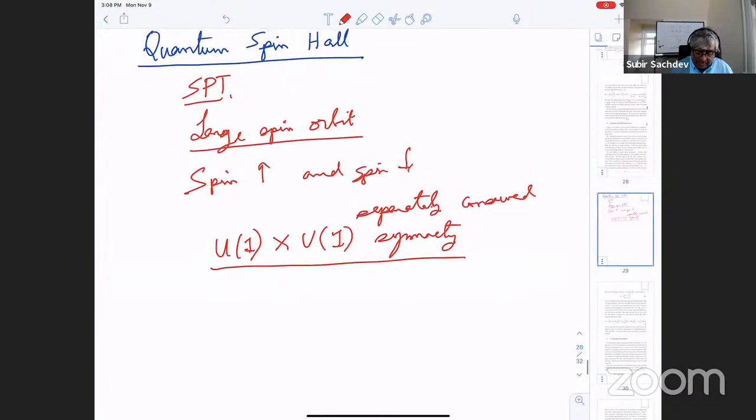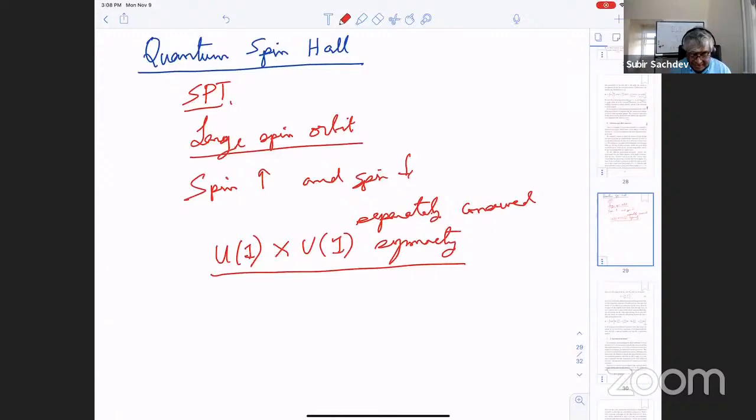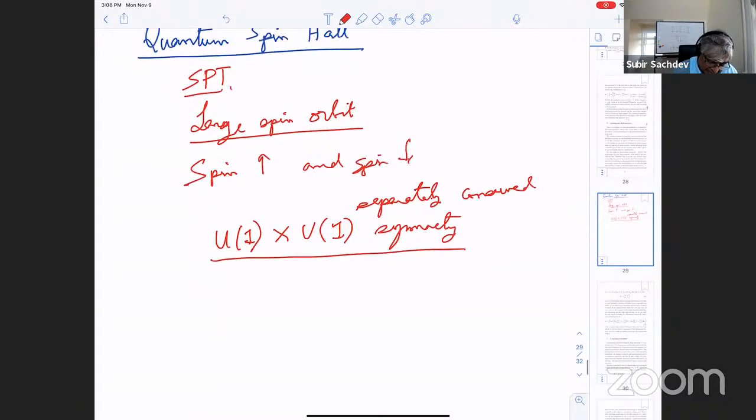Okay, so now imagine that somehow by luck or by design, you manage to have the spin up electron moving in a band structure which has a non-zero Chern number. I think in one of your sections you learned about the Haldane model, a Hamiltonian on the honeycomb lattice which can give you a band with a non-zero Chern number, even in the absence of an applied magnetic field. So let's imagine that spin up is in a band with Chern number 1.